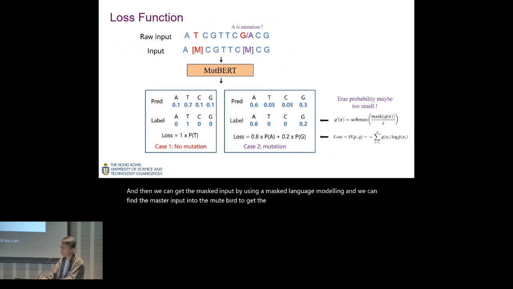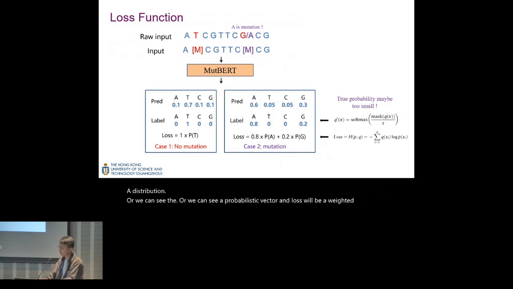Here we have two cases. Case one, no mutation: the label will be a one-hot label, and the loss equals, for example, the prediction of T times 1. For the mutation case, the label will be a distribution, or we can say a probabilistic vector, and the loss will be a weighted loss.